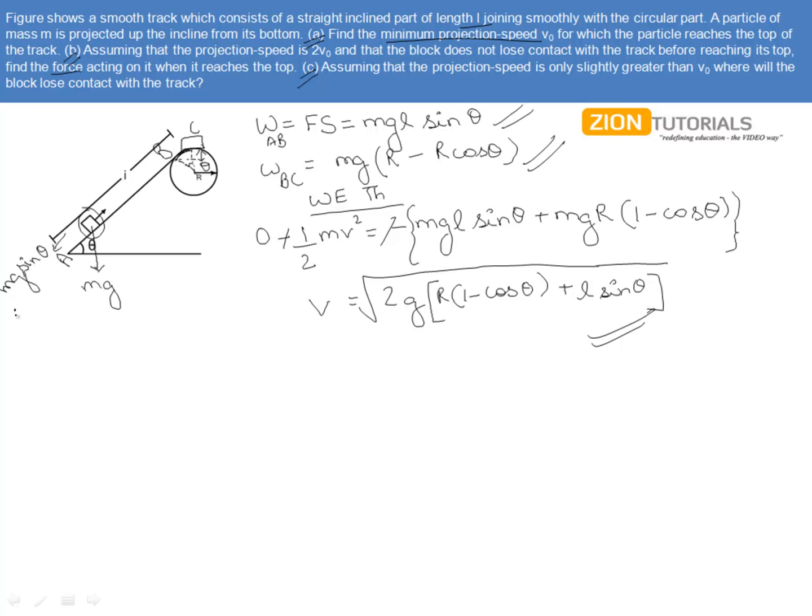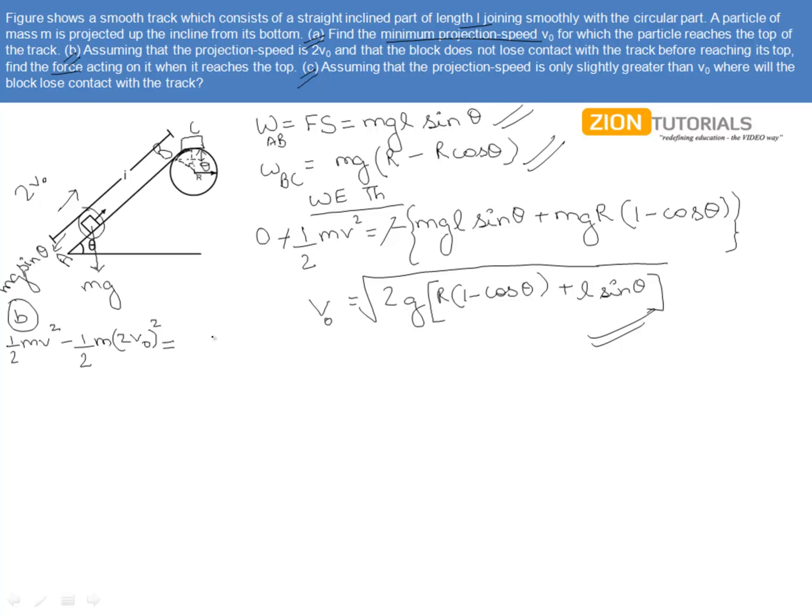Now proceeding with the next part of this question, in which we need to find out that if the initial speed given from here is twice of the speed in the first part, that is v0, then we need to find out the force acting on the block at the point C. Now if we take the velocity at C to be v, then we have the change in the kinetic energy as half m v squared minus half m into twice v0 whole squared, equal to total work done, and the work done from A to C we have actually calculated in the first part.